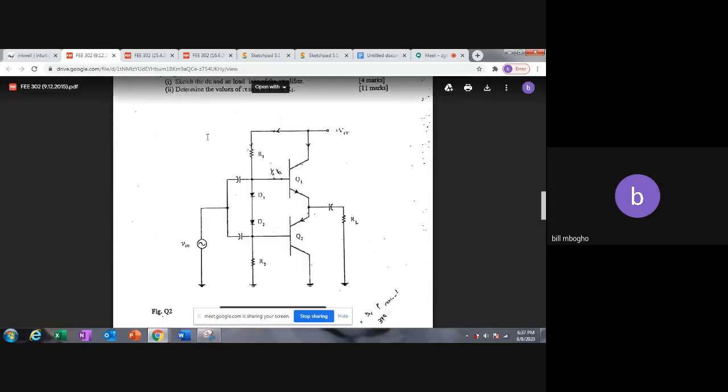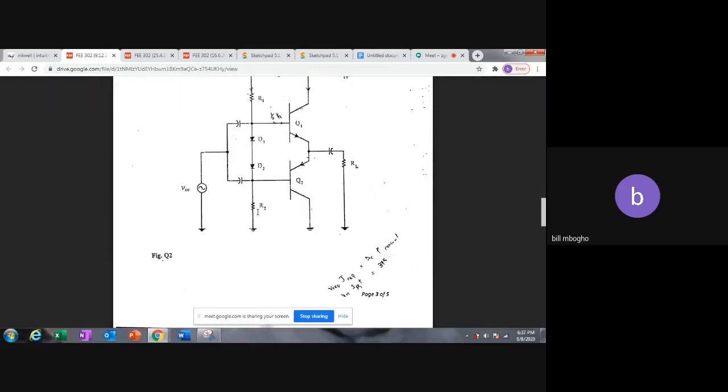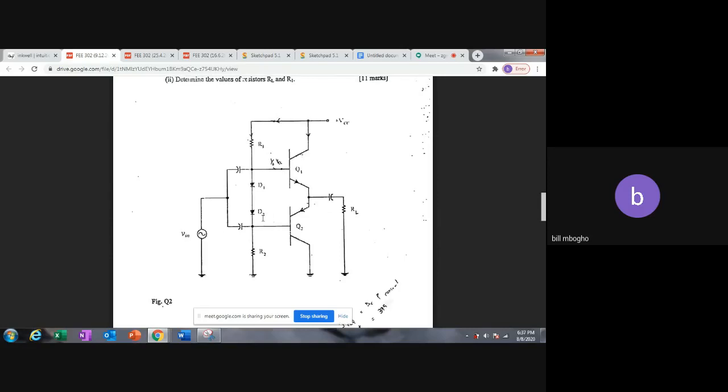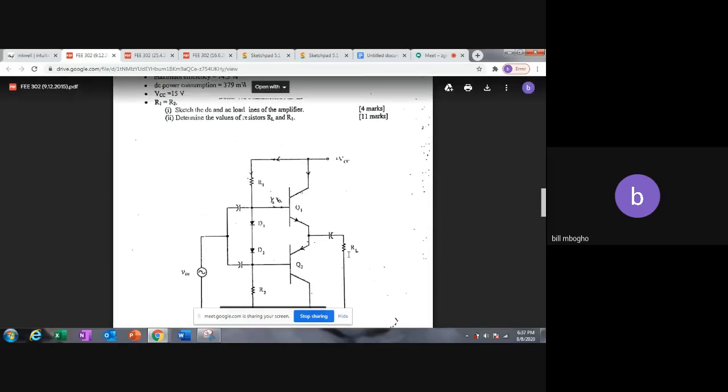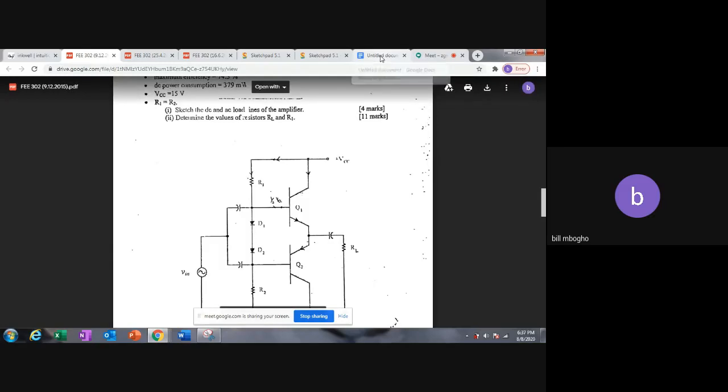And they've told us that R1 is equal to R2. So this is R1, then R2, R1 and then RL. We follow the process exactly as it is, except now we put X's. You'll see what I'm talking about.